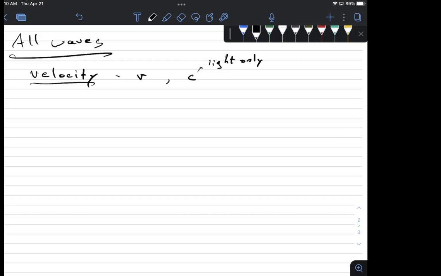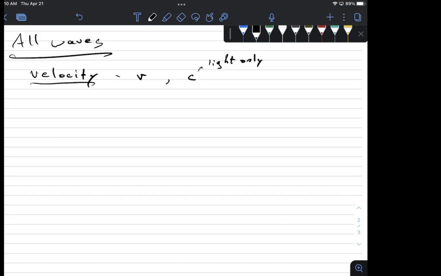And of course, that includes anything that doesn't have a mass. So gravity also would be treated the same way. Light has a very special speed because it's the fastest speed. And so we call it c. All other waves have their own velocity, less than c, whatever it is.